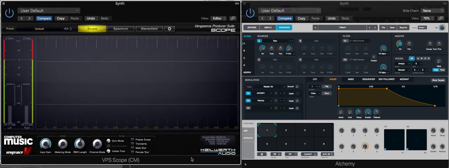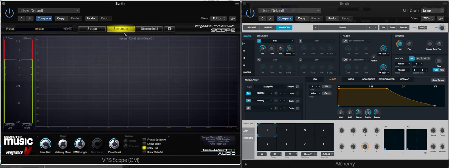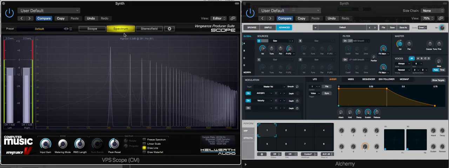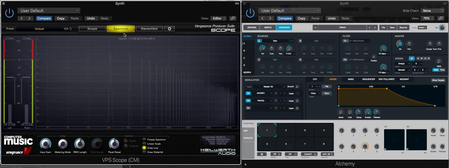So we can see that in the scope, it looks exactly like the blades of a sawtooth, hence its name. So let's go to the spectrum and see how it looks different here. Okay, so what you'll see is loads more different frequencies, and these are all individual sine waves.